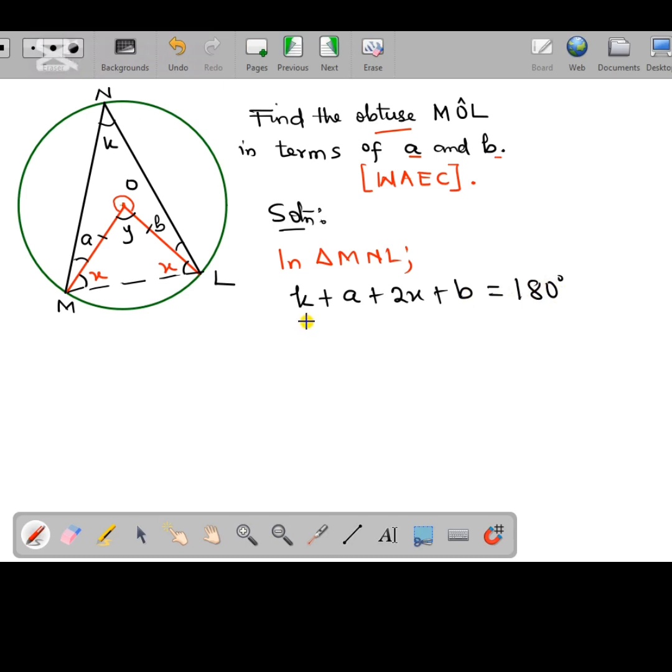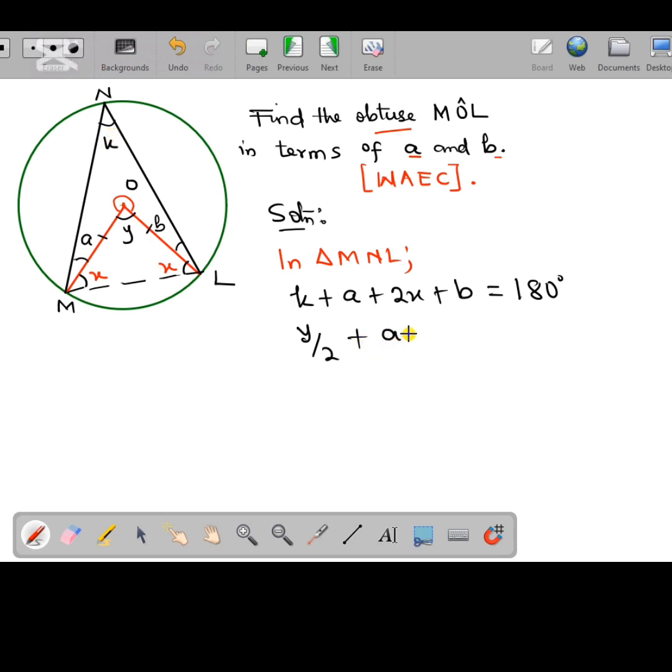So meanwhile, let's try to see how we can bring in our MOL, that's the Y here. You notice that our K is actually the same thing as Y over 2. And what is the reason? Angle at the center is twice that at the circumference. That means the one at the circumference is half of this.